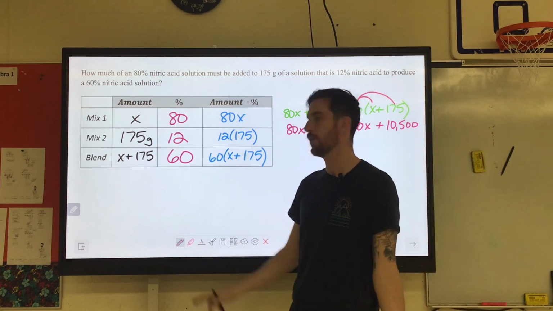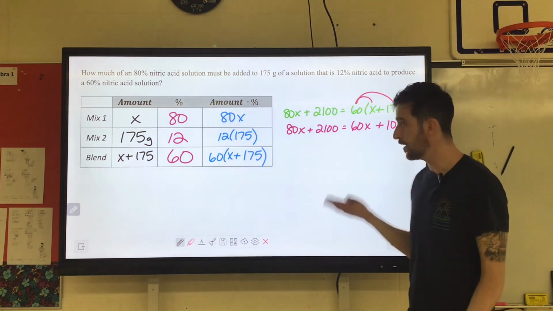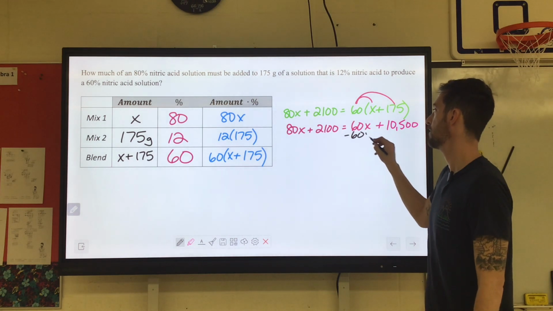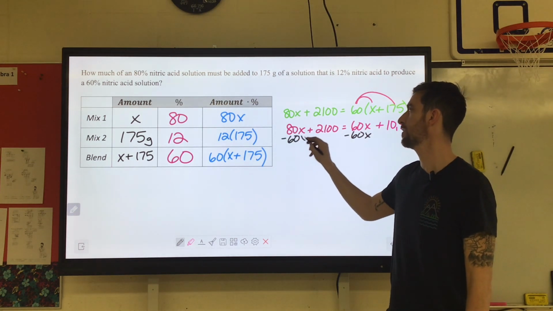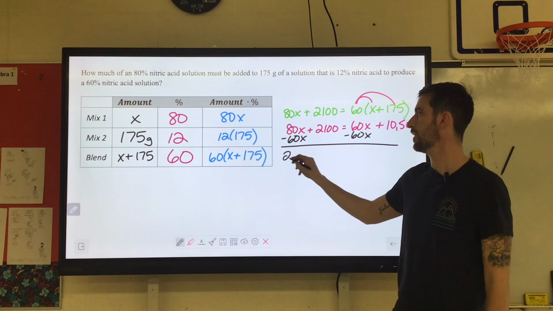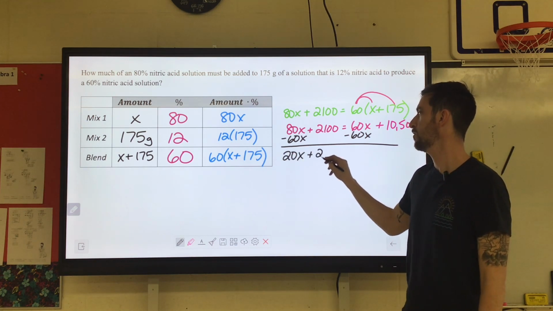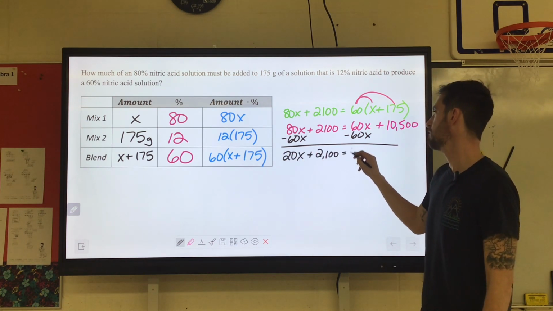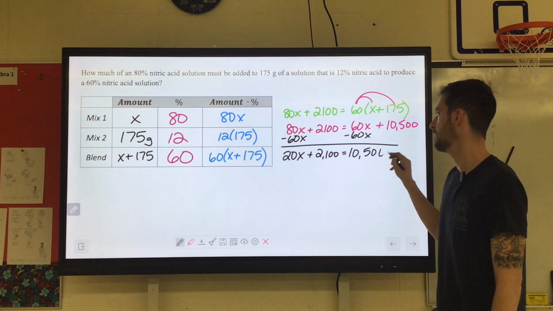So obviously we'll want to get the x's on the same side at some point. I'm going to do it now. We'll just subtract 60x from both sides. That would give us 20x plus 2,100 equals 10,500.